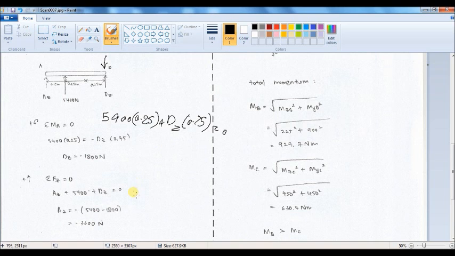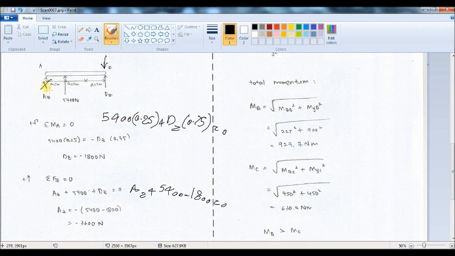So I have to write Az plus 5,400 minus 1,800 should be equal to 0, and then we will find that the reaction load at location A is negative 3,600.